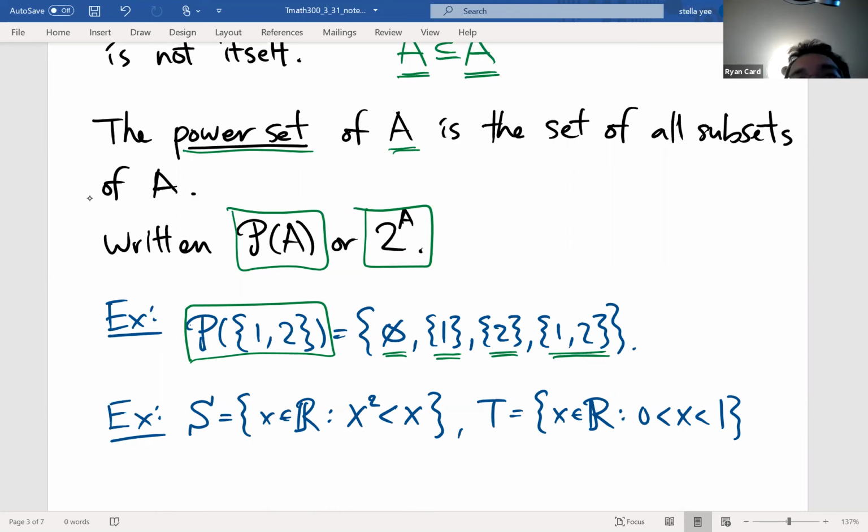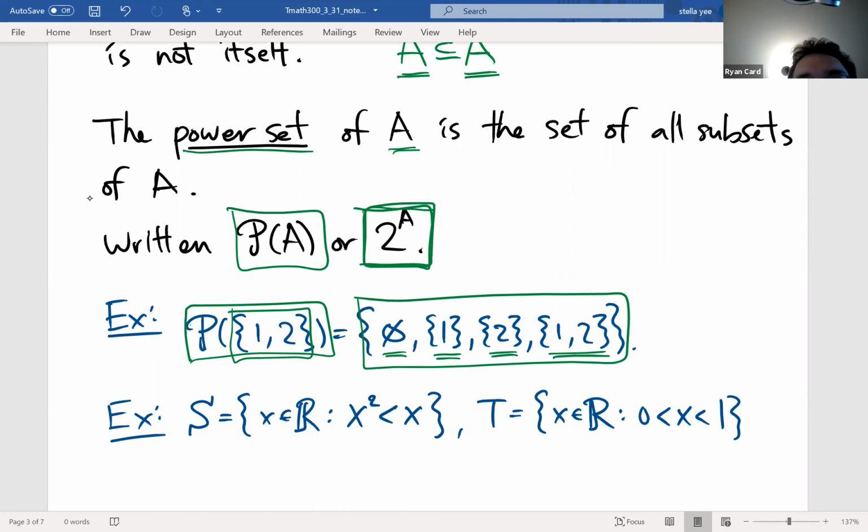These are all 4 possible subsets of the set 1 and 2. Notice how this is a set of 2 elements, and the power set has 2 to the 2, which is 4 elements. That's the reason why people use this notation for the power set.